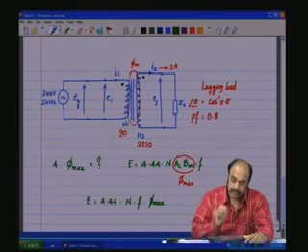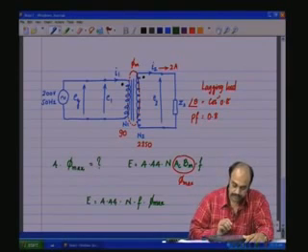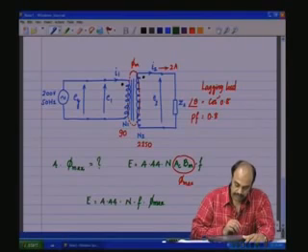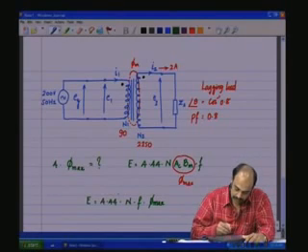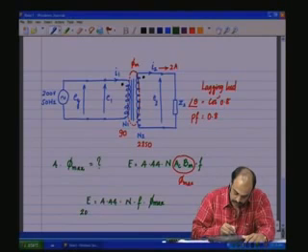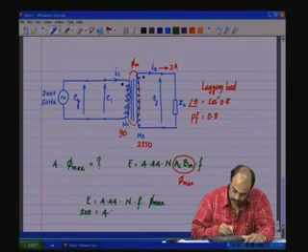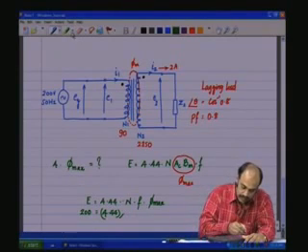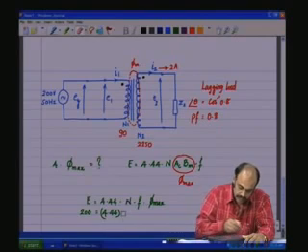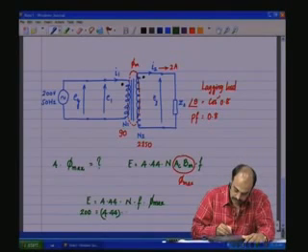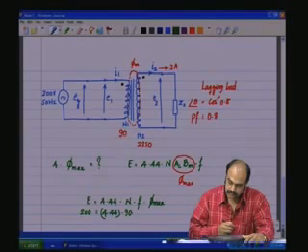One could take either the secondary side or the primary side. Taking the primary side, we have E is 200, 4.44, N is 90 turns on the primary side.